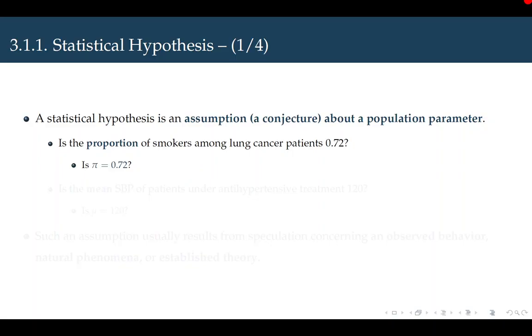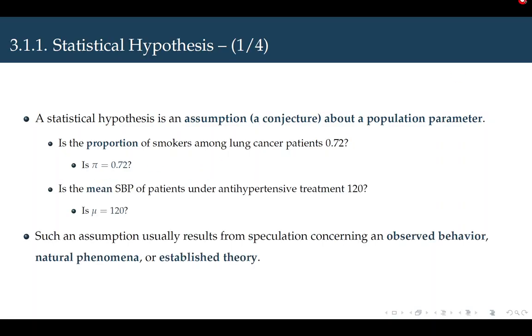It's just an assumption that's obtained from, let's say, our observation or a certain established theory or from a certain natural phenomena. So here we are interested in testing whether the population proportion of smokers is significantly different from 72% or not. We need to check whether 0.72 is a plausible value for the population proportion of smokers.